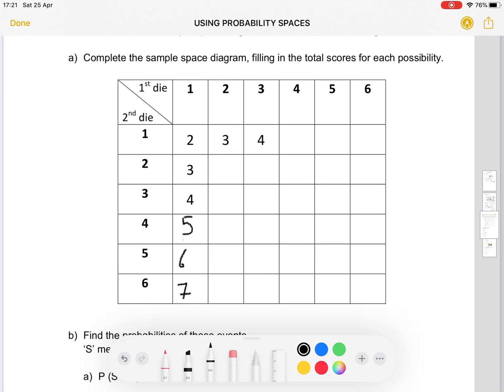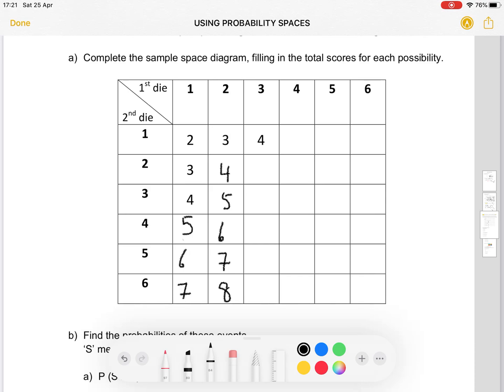2 from the next column, 2 from the first dice, 1 from the second, that's a total of 3. Beneath it, 2 plus 2 make 4. 2 plus 3 make 5. 2 plus 4 equals 6. 2 plus 5 equals 7. 2 plus 6 from the second dice makes 8.